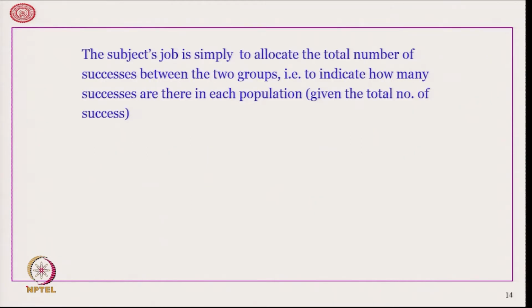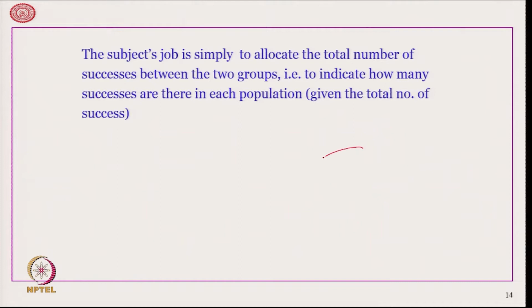The subject's job is to allocate the total number of successes between the two groups, that is to indicate how many successes there are in each population given the total number of successes.